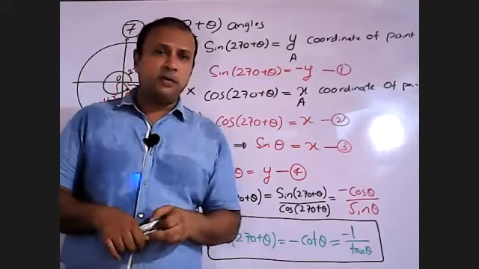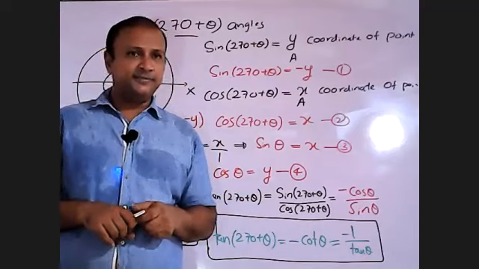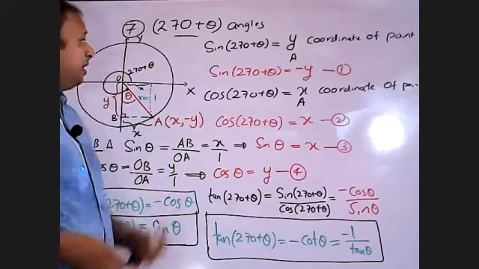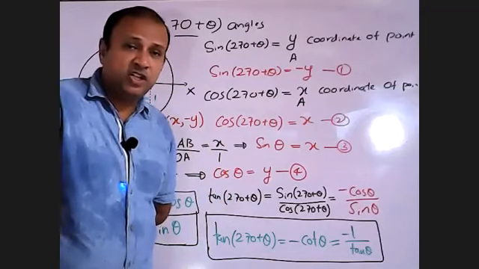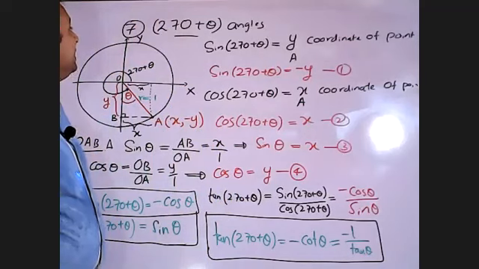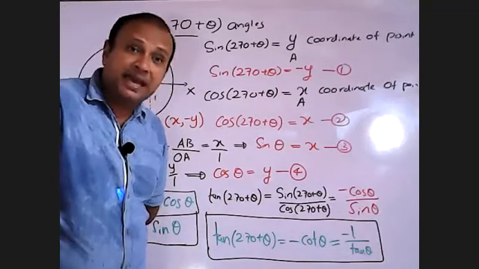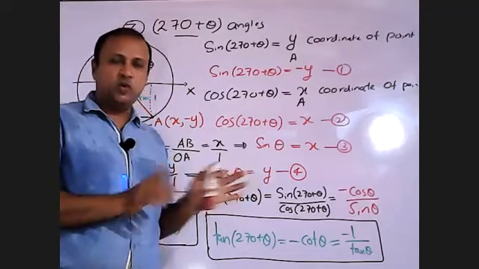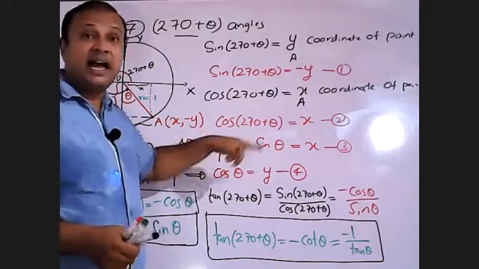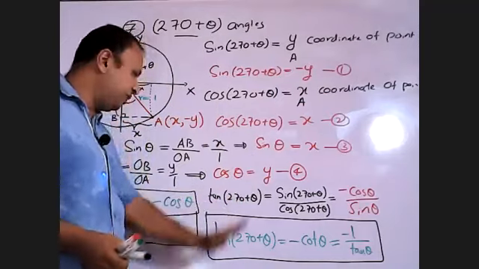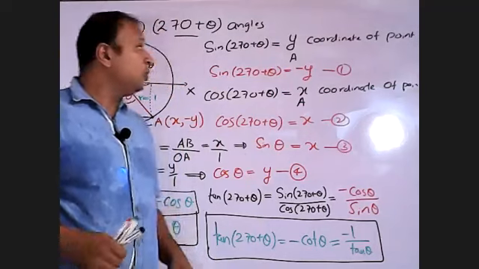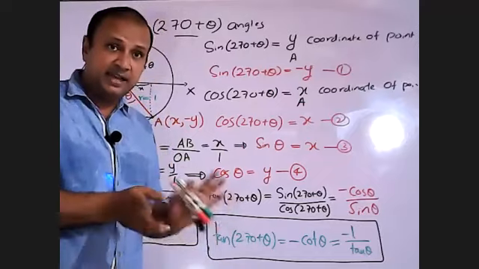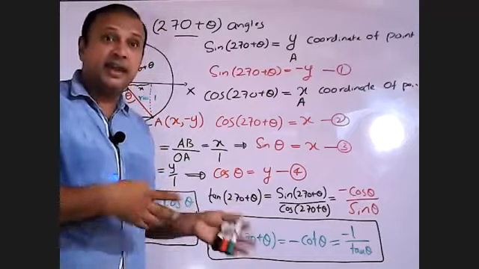Then I will give you a small assignment. Once you copy this, you have to determine the relationship between 360 plus theta and 360 minus theta, the remaining two angles, and theta.